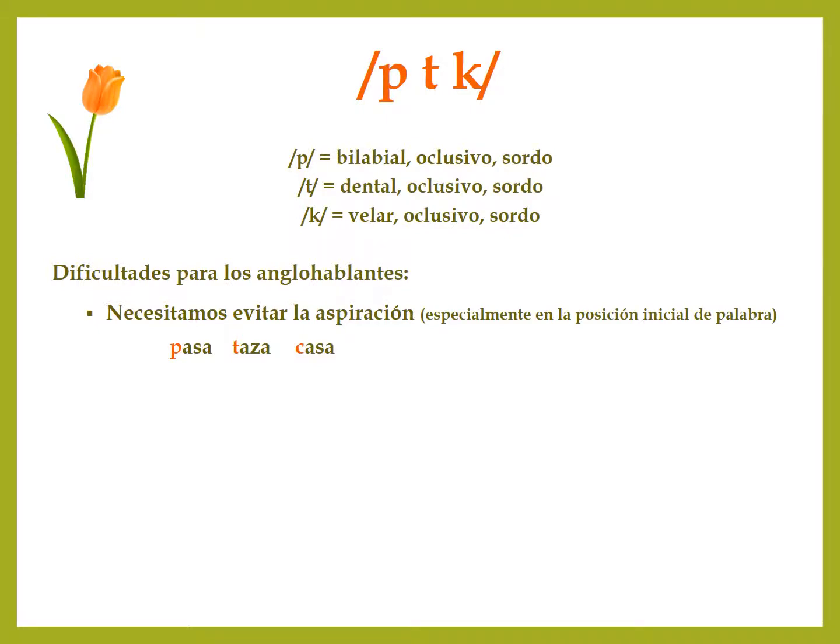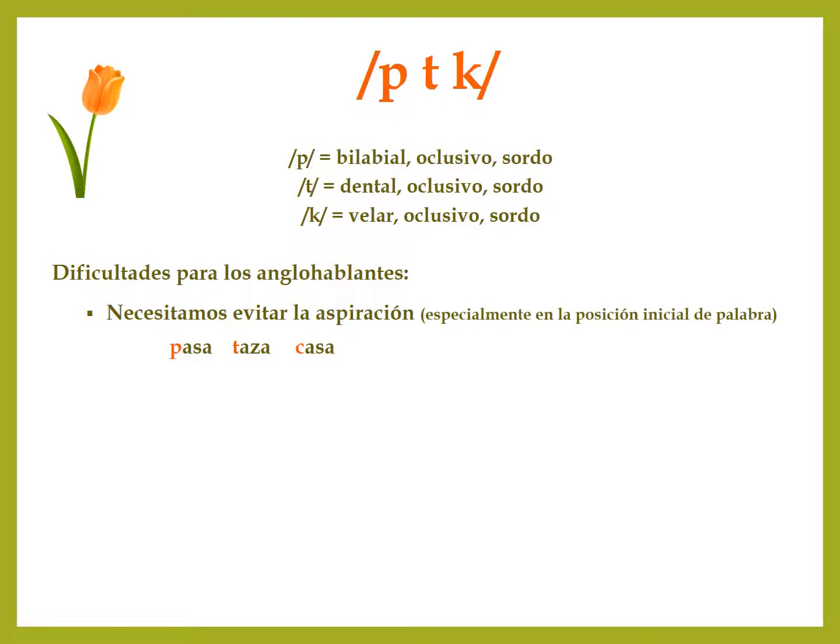Now, keeping your fingers there, I want you to say these three words in Spanish, but do everything you can to avoid aspirating those. In other words, eliminate that extra breathy sound. So after me, pasa, pasa, taza, taza, casa, casa. All right.